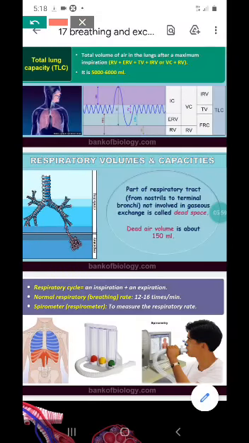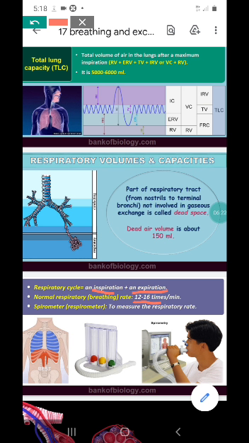So, what is a normal respiratory cycle? It consists of an inspiration plus an expiration, one respiratory cycle. And how many times does a normal adult breathe in 1 minute? Nearly 12 to 16 times a minute.